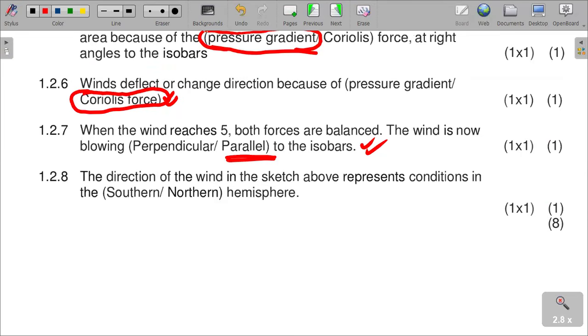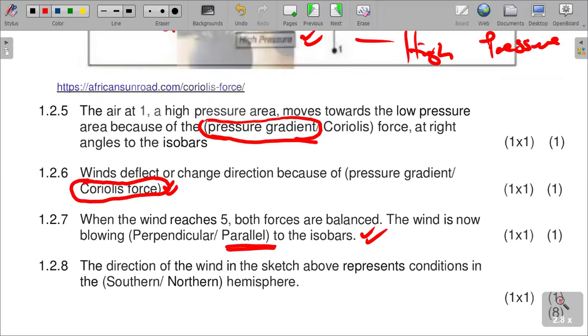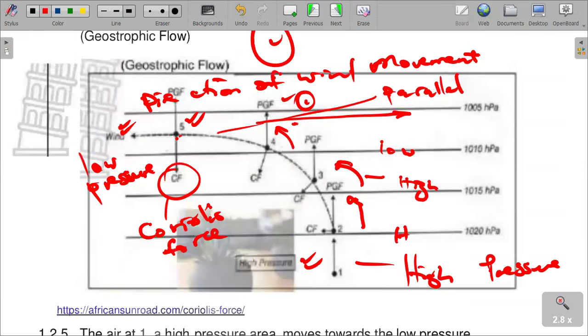The direction of wind in the sketch above represents conditions of deflection. The sketch shows a movement that is taking place. What do we see? We are saying it is anti-clockwise. So what happens when wind deflects anti-clockwise?